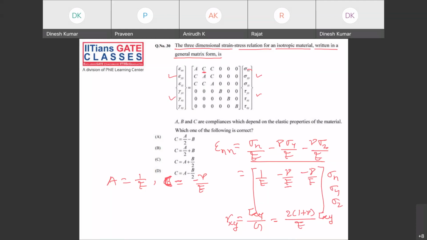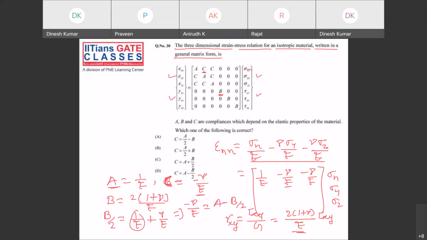Now what is B? B value is nothing but this: 2 into 1 plus nu upon E. Now I can divide, so B by 2 is equal to 1 upon E plus nu by E. Further, 1 by E is A, and nu by E is minus C. Substituting here, you get minus nu by E equal to A minus B by 2.